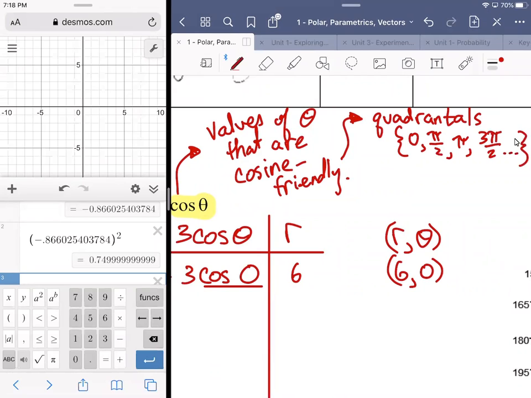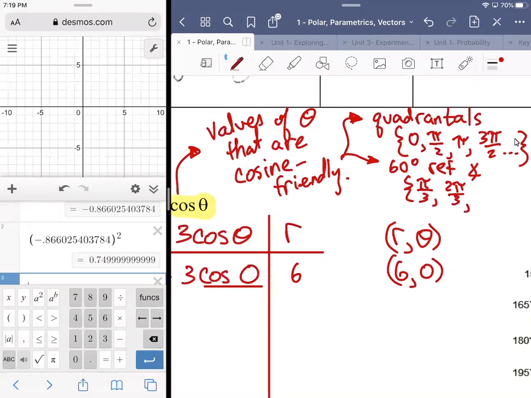And then also 60-degree reference angles. All right, so that's your pi over 3, 2 pi over 3. I could say 3 pi over 3, but we already got that.